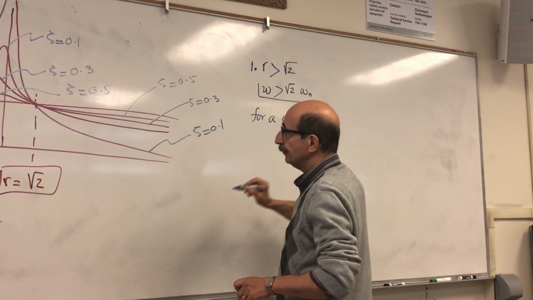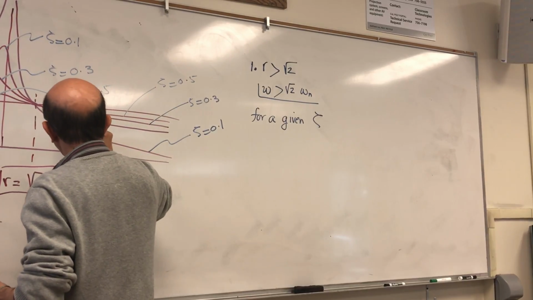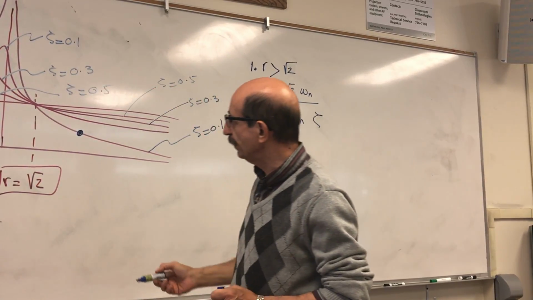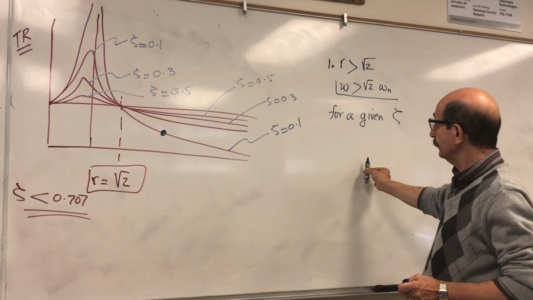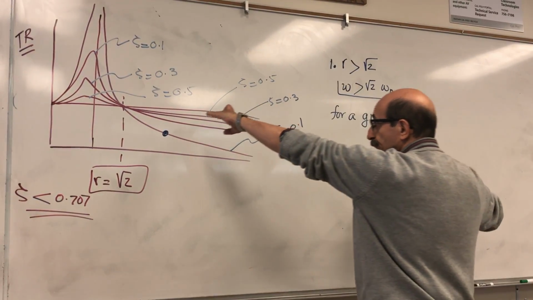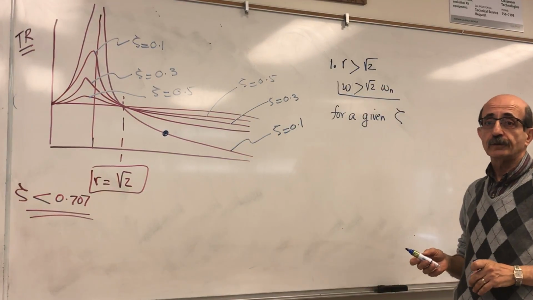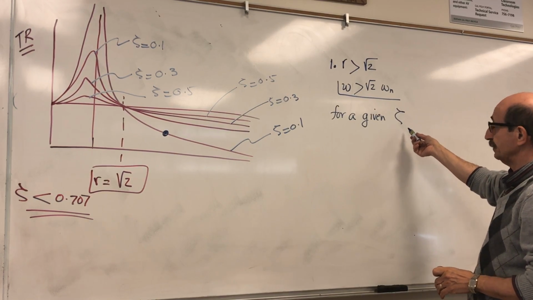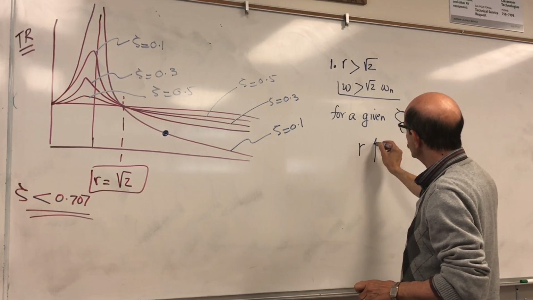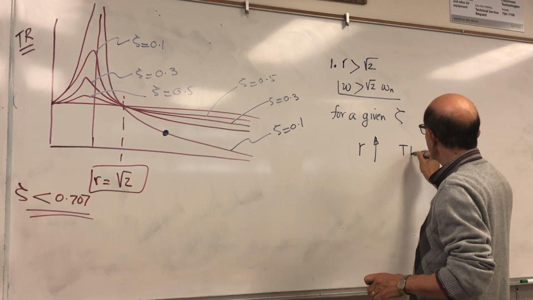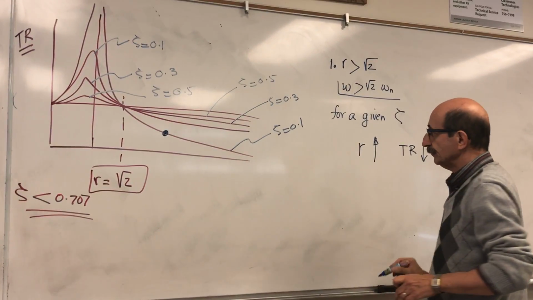For a given zeta, the larger the value of r is, the smaller the transmissibility ratio is. So for a given zeta, as r increases, the transmissibility ratio decreases, right?